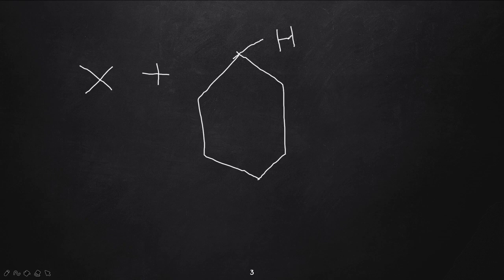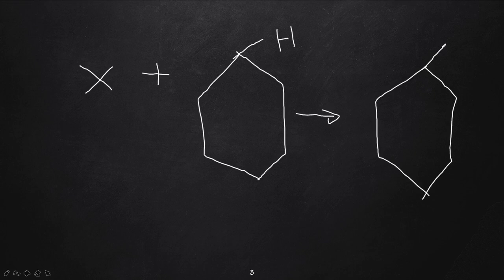Let's say the hydrogen here. The halogen comes and substitutes the hydrogen, and it leads to the formation of a compound like this, X. Let's draw the circle to show that it's an aromatic compound. This is basically what aryl halides are.